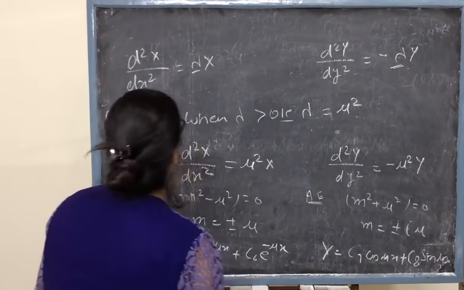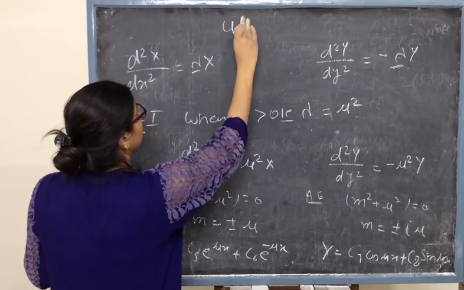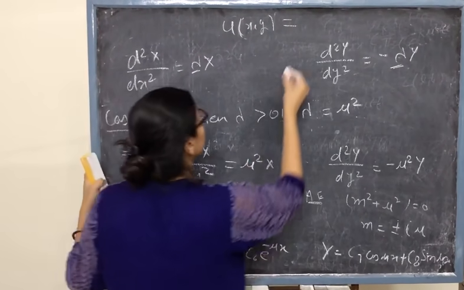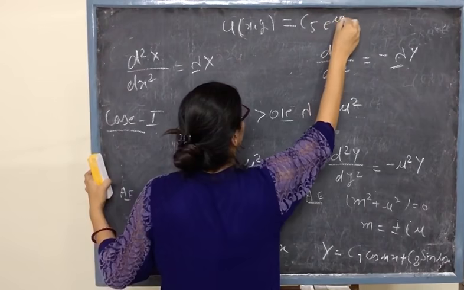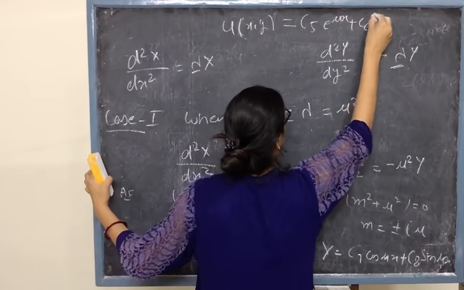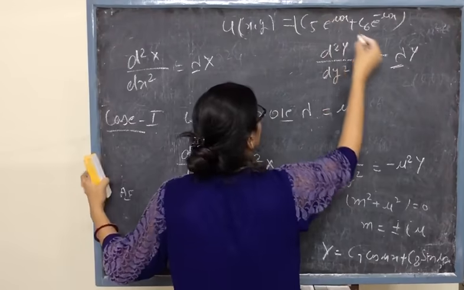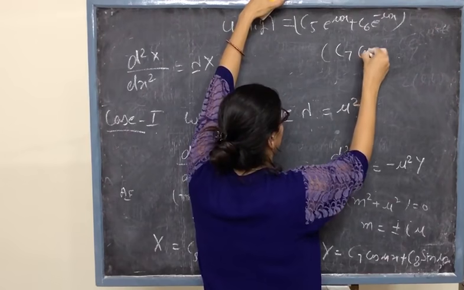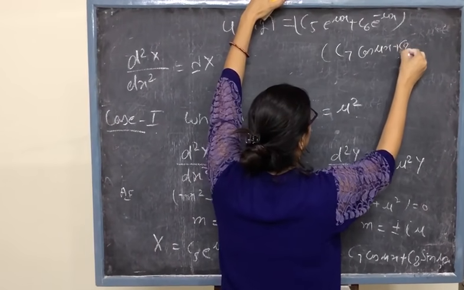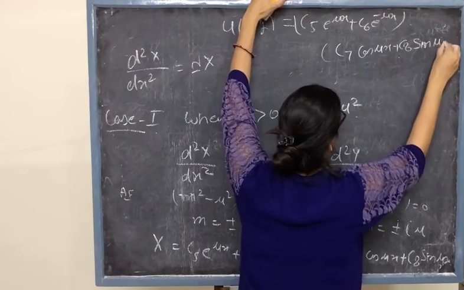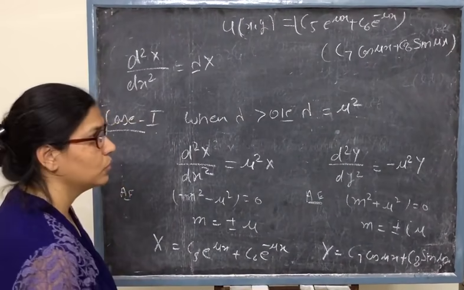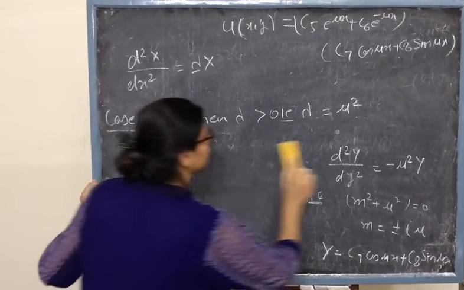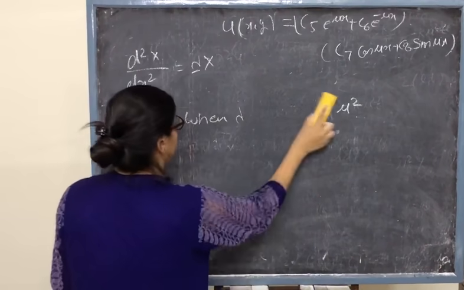Our solution u(x,y) is (c5 e^(μx) + c6 e^(-μx))(c7 cos(μy) + c8 sin(μy)). This is our u when we take the second case.